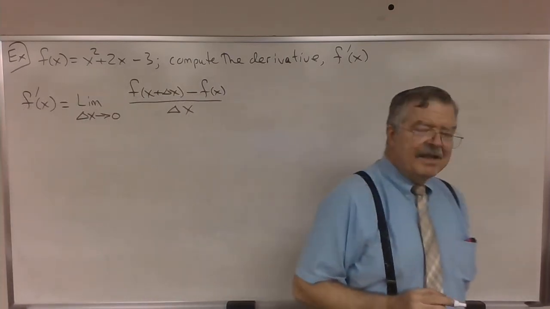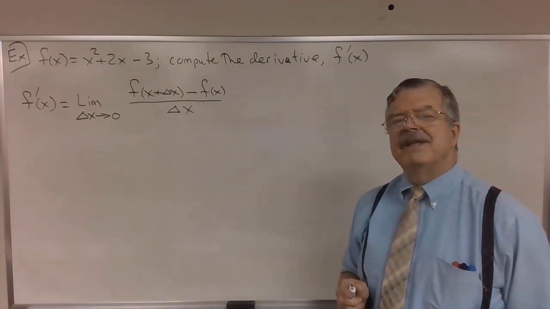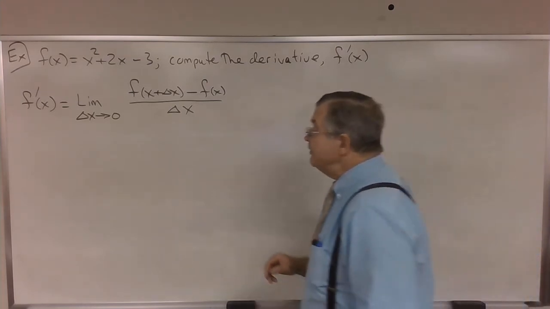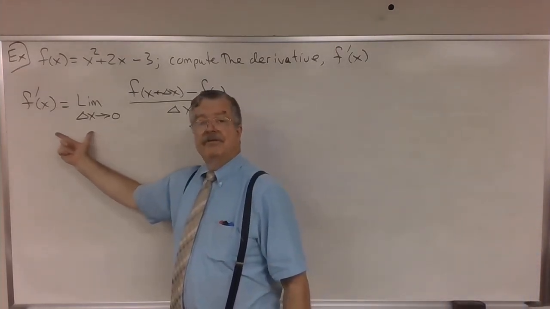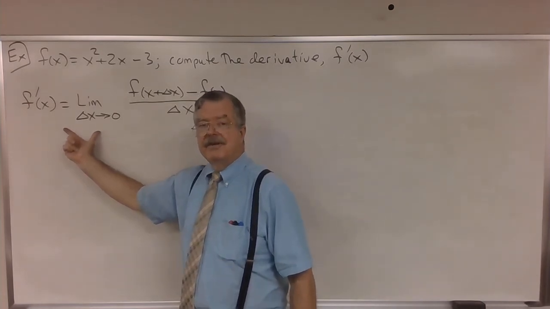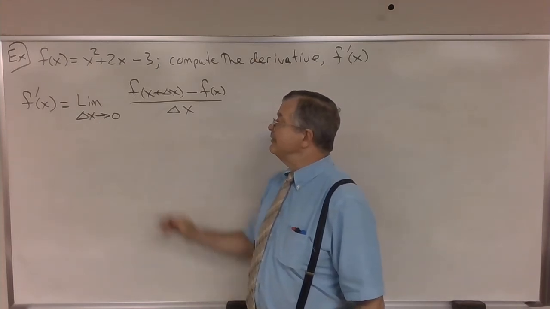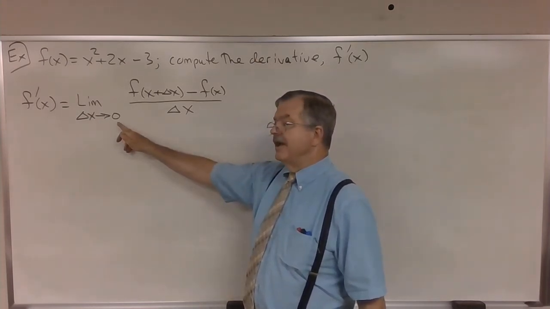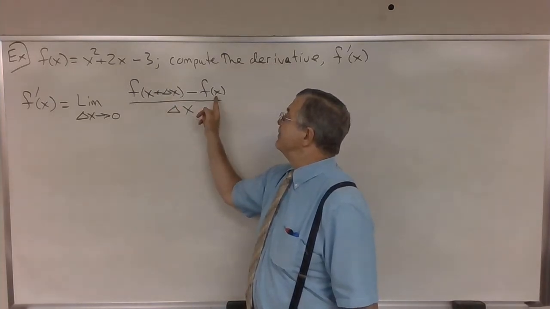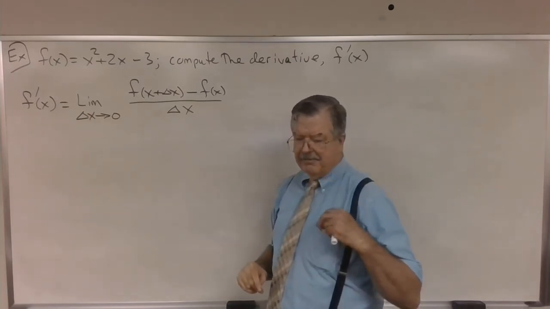In the middle of this problem is not the best place to be mentioning this, but I do need to mention it. This is a relationship that we should memorize. This is the definition of derivative. We should remember that the derivative f prime of x is the limit as delta x approaches 0 of f of x plus delta x minus f of x all over delta x.